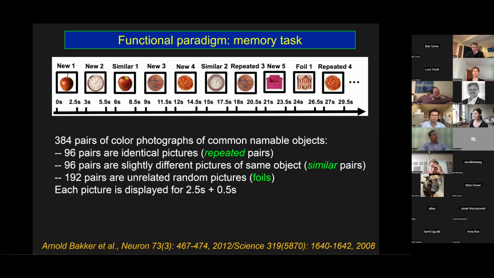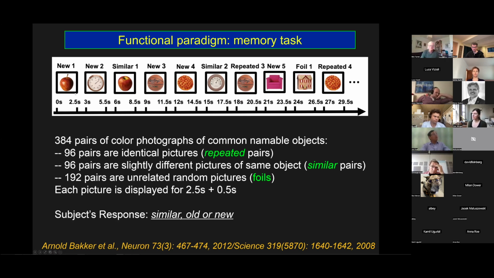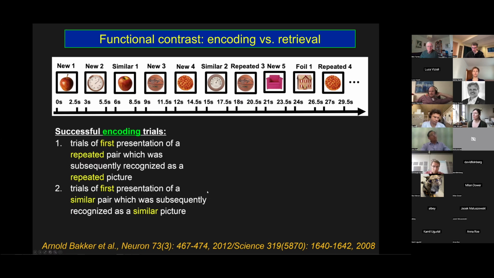Every time they see a picture, the subject is supposed to press a button to tell us whether it is similar, old, or new. That's the task. So what's the contrast for encoding and retrieval?